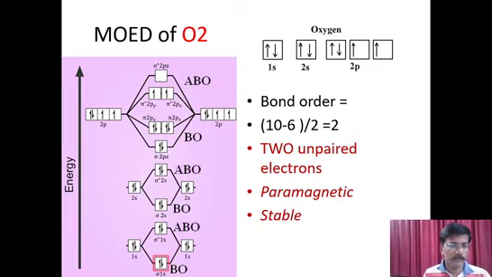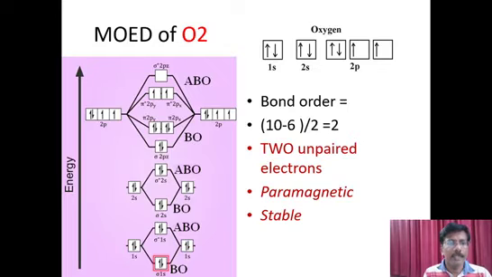Now out of these 8 electrons, if you look at the diagram, the bonding sigma orbital is on the bottom, and the pi bonding orbitals, that is py, px, are both on the upper side.